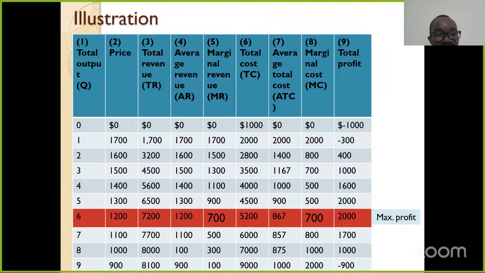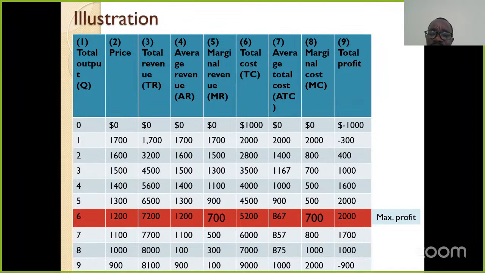Then at the 6th unit, we have a profit of 2,000 again. So you can see where we have output of 5 units, we have the profit of 2,000, and again, where we have 6, we have a profit of 2,000 again. Beyond that, you can see that the profit has started going down. We have 1,700, 1,000, then we have a loss of $900.